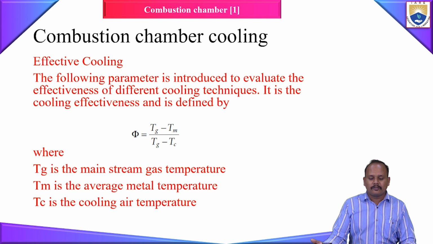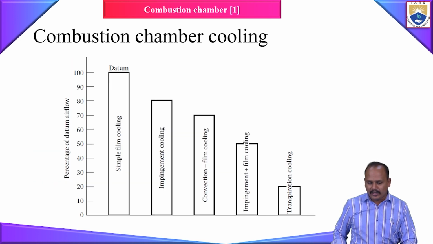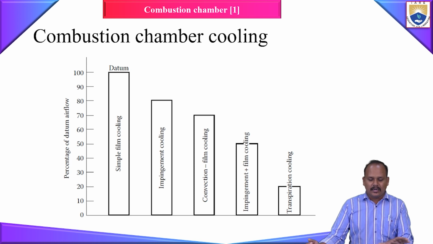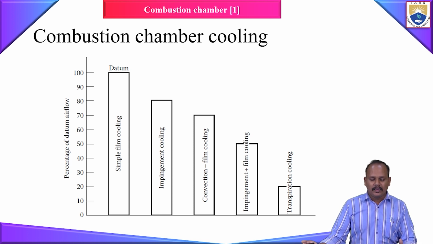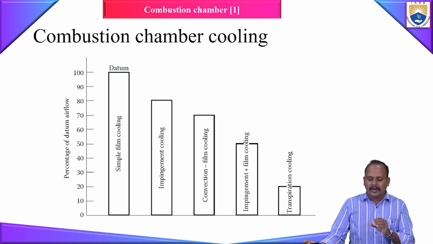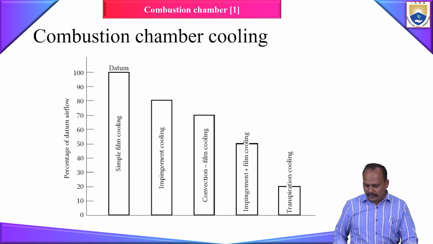By finding out this ratio, you can find out whether they are effective or not. And this is the graph showing how efficient the transpiration cooling technique has been compared to the other techniques.